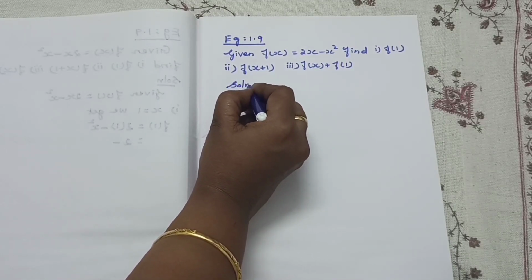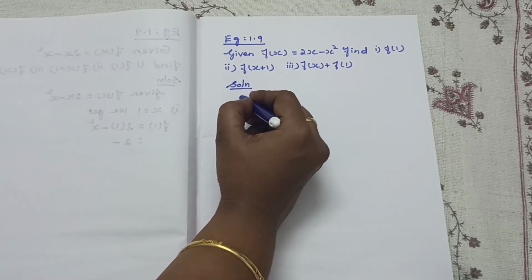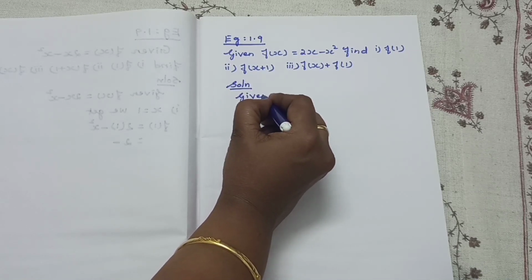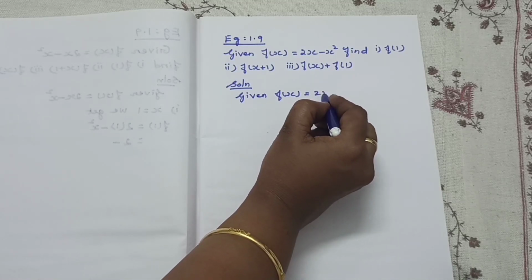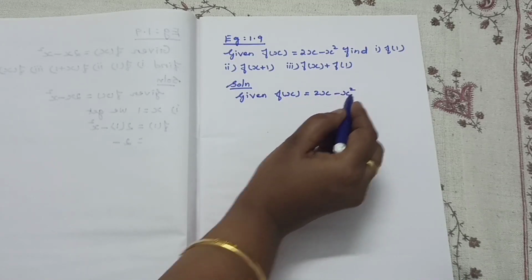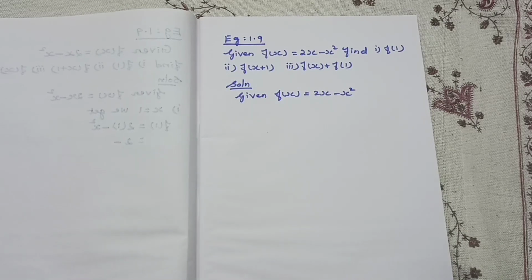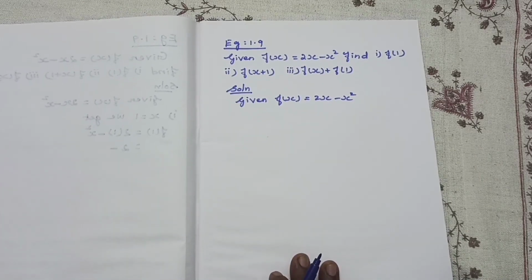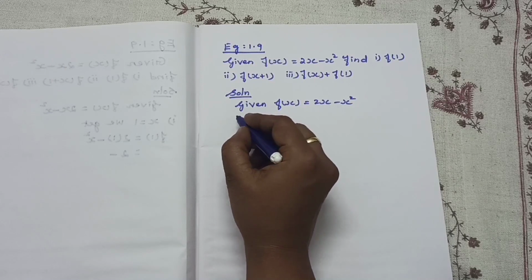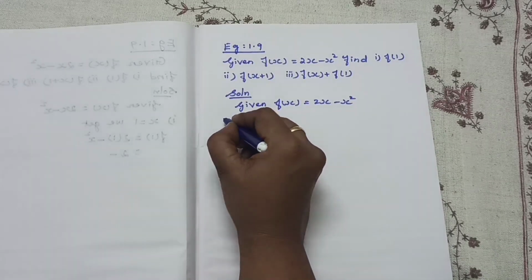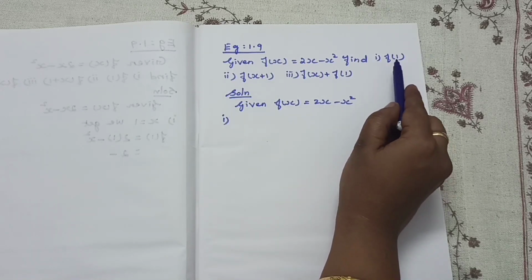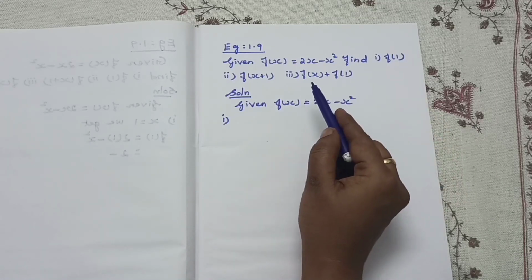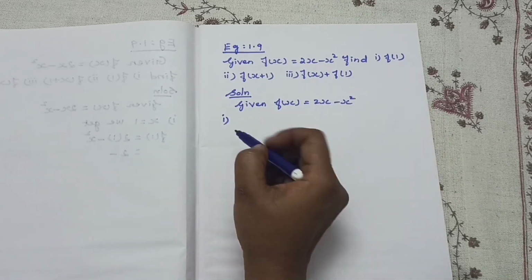Solution: given f of x is equal to 2x minus x square. Then we have to find f of 1, isn't it? First one, f of 1. So here instead of x, what is given? 1, isn't it? In the place of x we have to substitute 1.